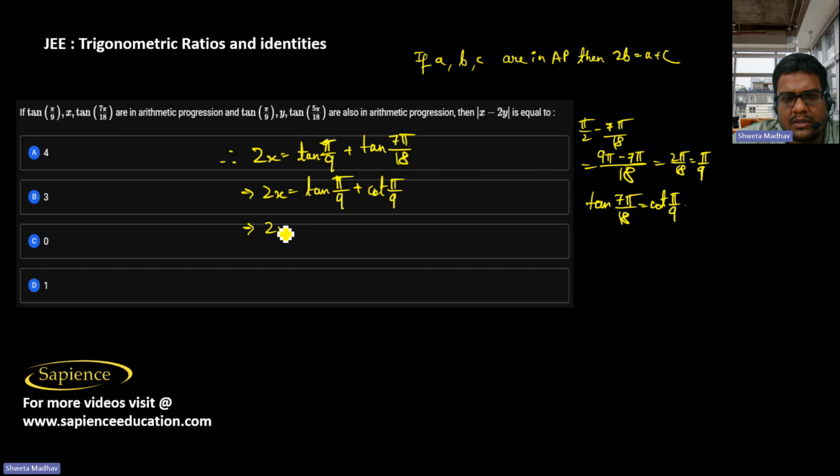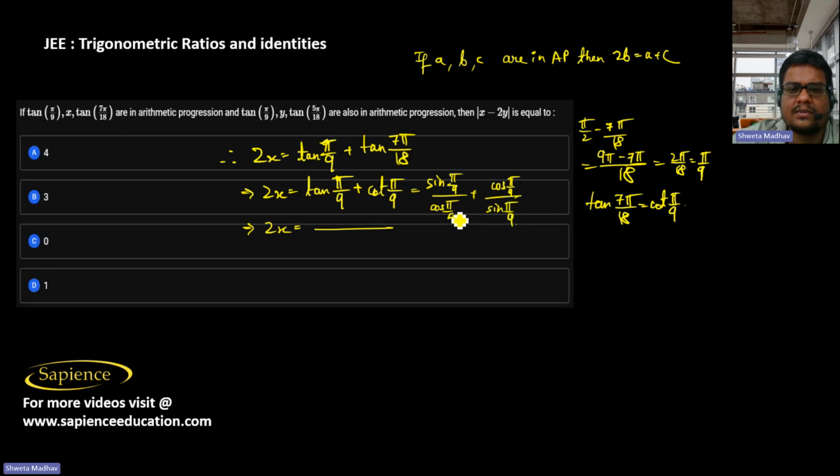So therefore I can say 2x will be equal to, if you take the LCM, since it is sine by cos, sine pi by 9 by cos pi by 9 plus cos pi by 9 by sine pi by 9.